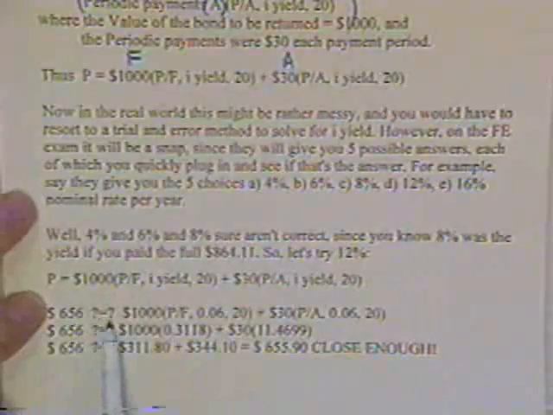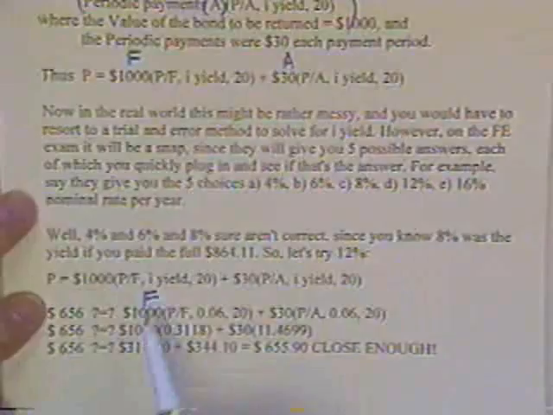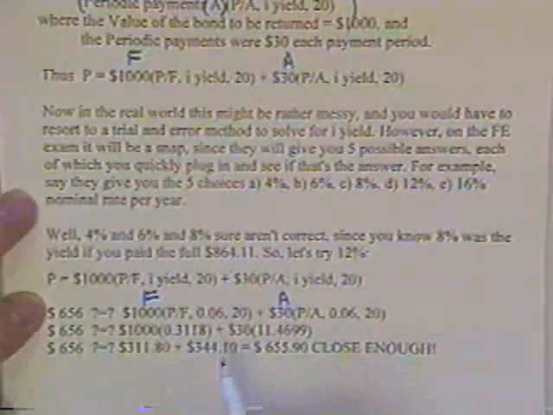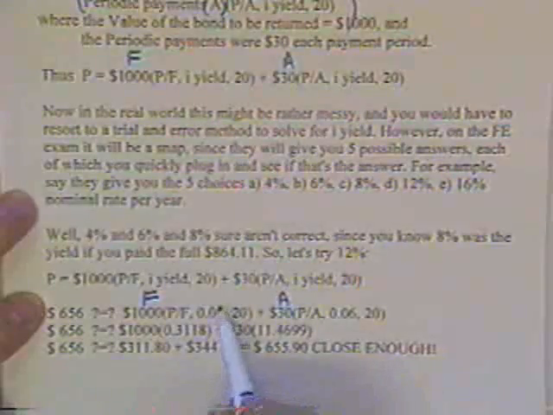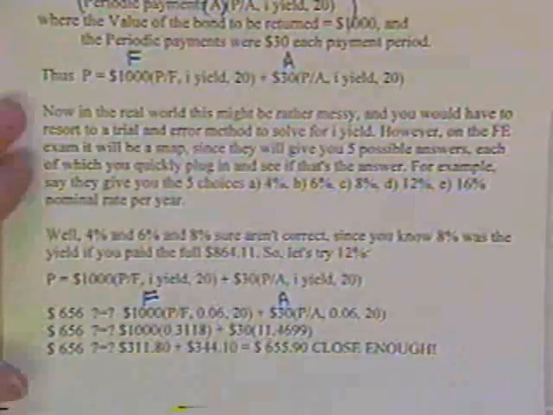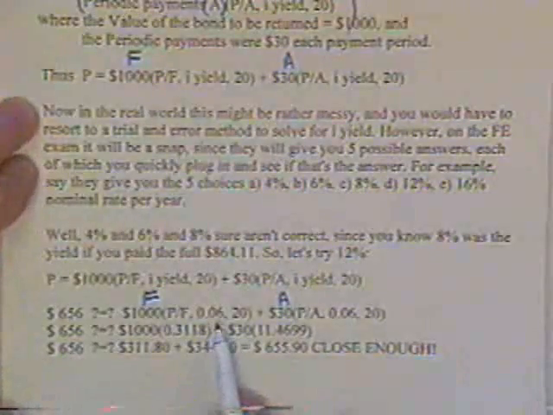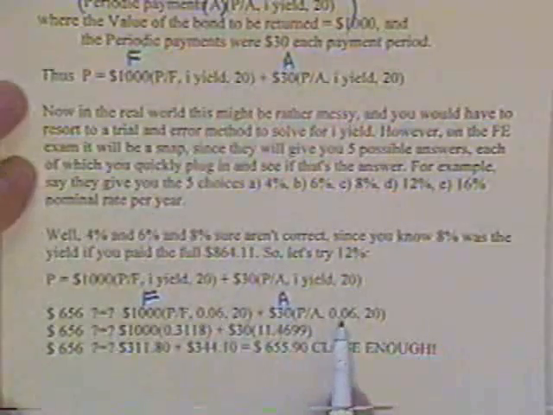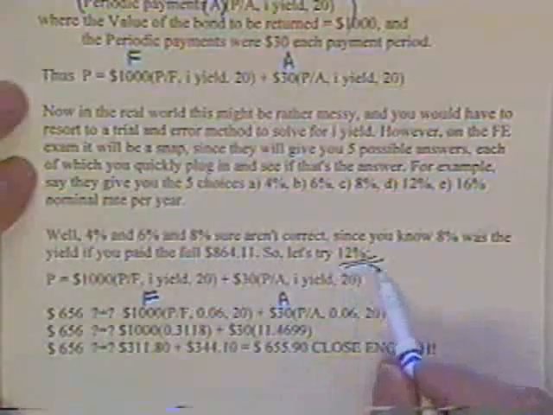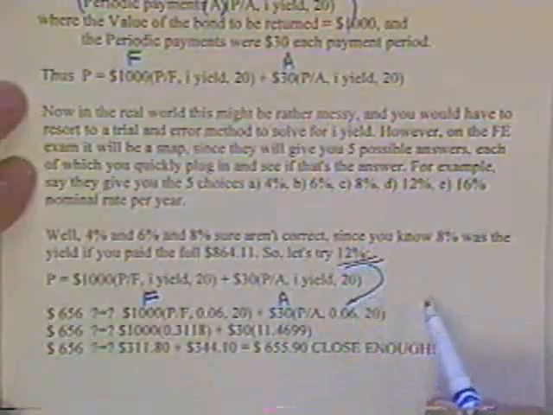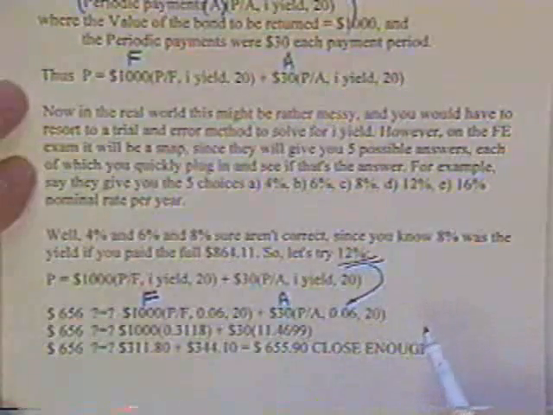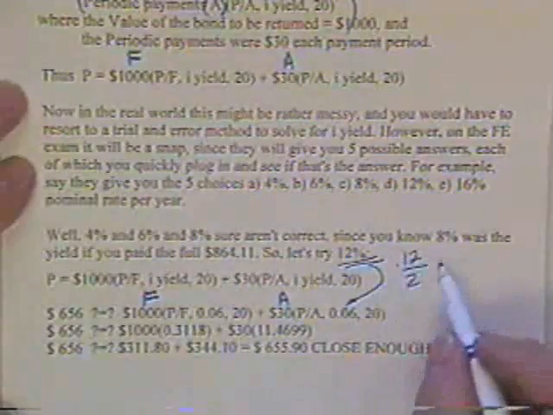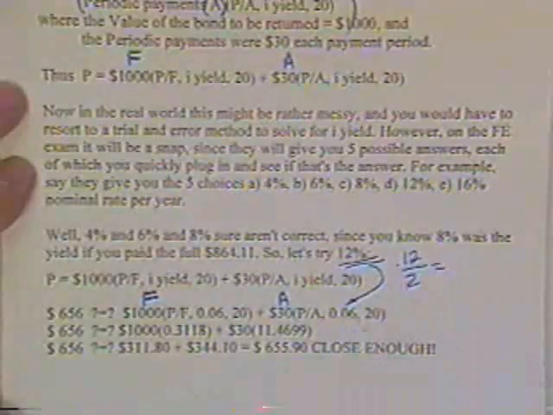The question is, is that equal to $1,000 paid to you in the future and $30 paid to you semi-annually at a 6% rate? A 6% rate. Wait a minute, where's 6%? I thought we were trying 12% here. Ooh, that's right. We are trying 12%. But that's 12% per year, and therefore it's 12% divided by 2, and that's 6% per payment period.